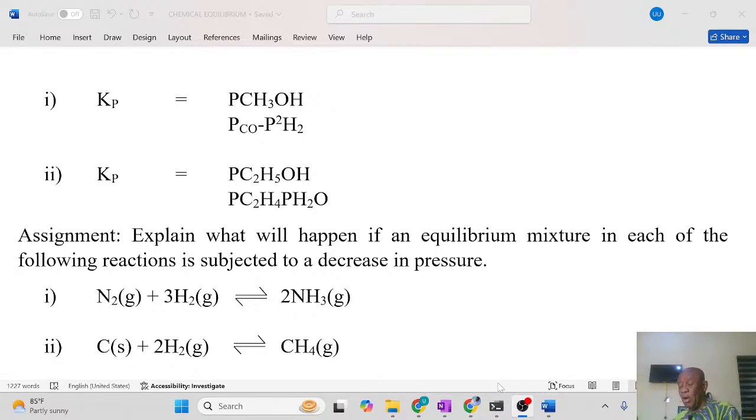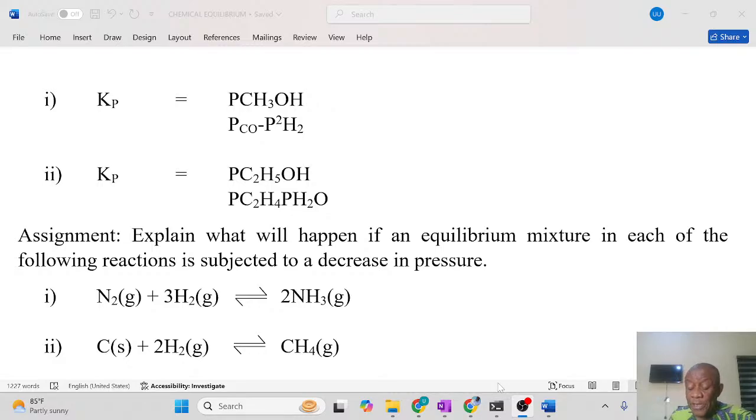We are asked to predict what will happen to the equilibrium mixture based on these changes. We see that CH3OH is formed, and C2H5OH is formed. Let's look at it clearly and predict what will happen. For the other one, we have C2H4 plus H2O gas.